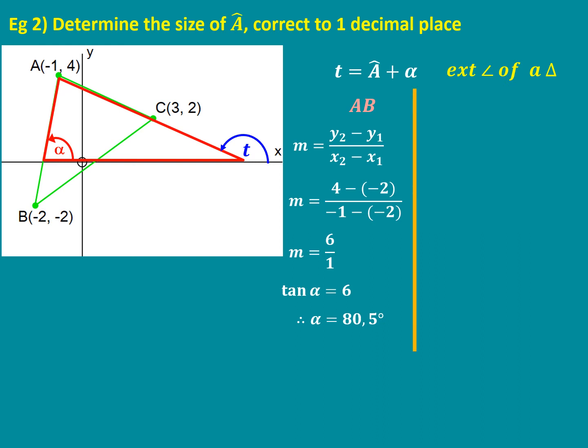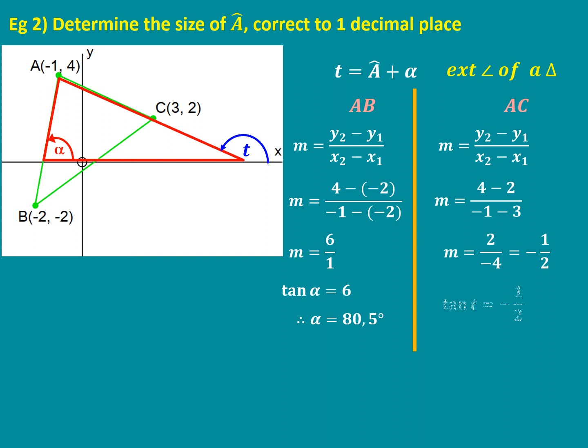Let's look at the angle of inclination, T. To do that, I'm going to use line AC. Again, the gradient is the change in y over the change in x. So y2 minus y1 will be 4 minus 2 over minus 1 minus 3. I end up with 2 over minus 4, which is minus a half. So tan of angle T is equal to minus a half.